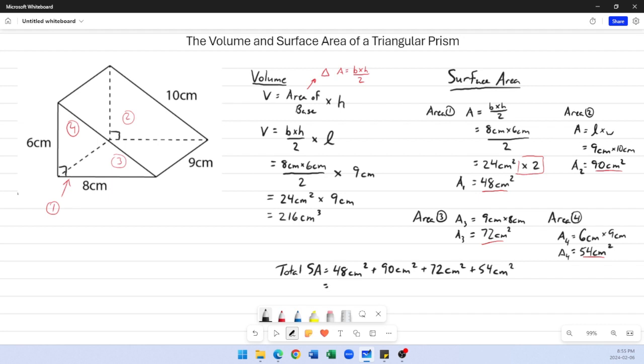And a quick number crunch for that one comes out to 264 centimeters squared. Pretty lengthy, but as long as you're following each step, you should be in good shape.